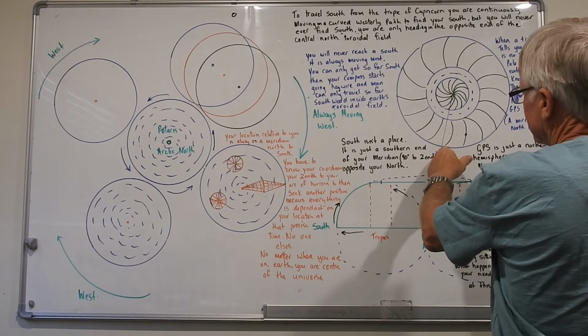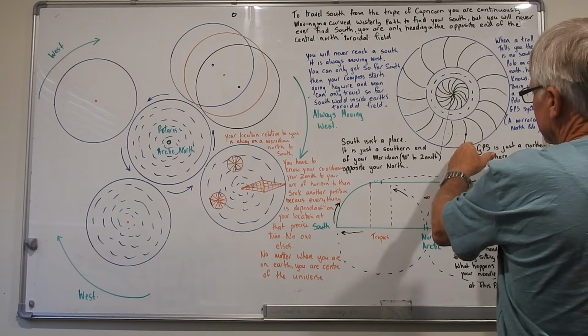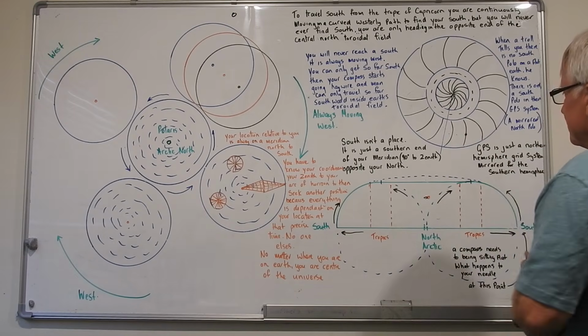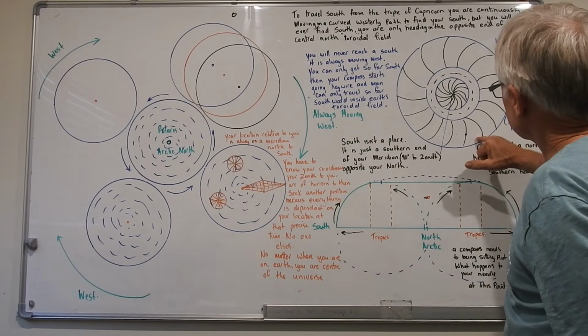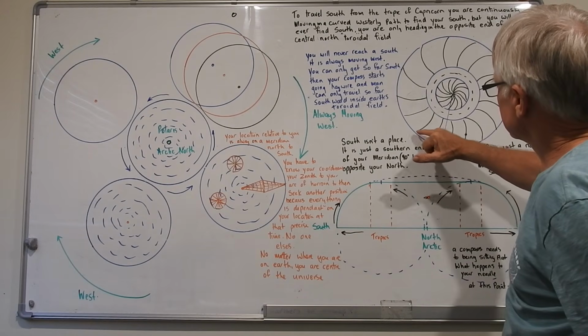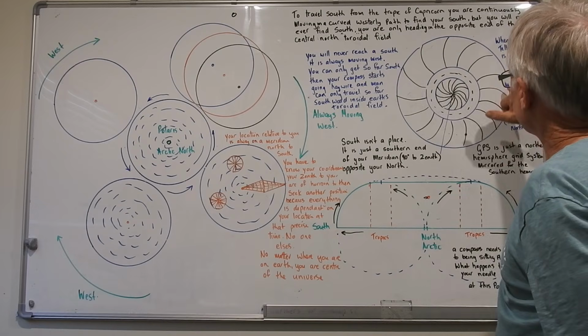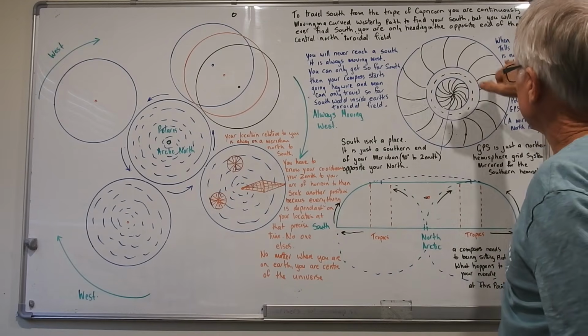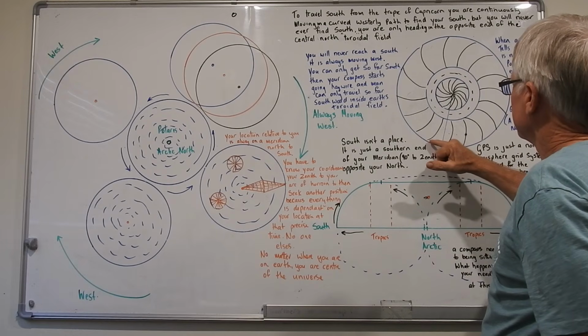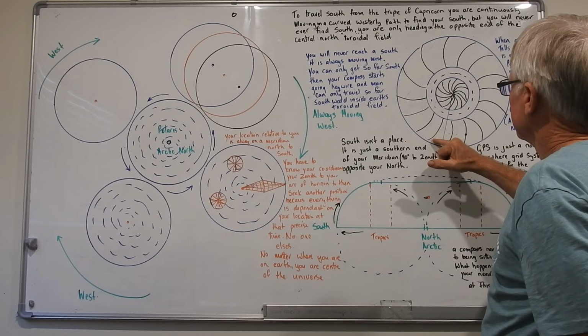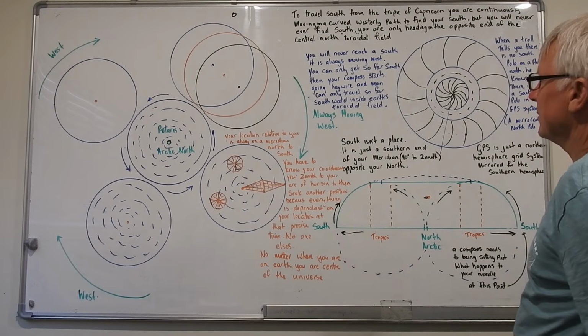Everybody is swinging west, swinging west, swinging west. So this guy, he'd just keep going around like this to try and find his south. Isn't that what Captain Cook did? Yeah.